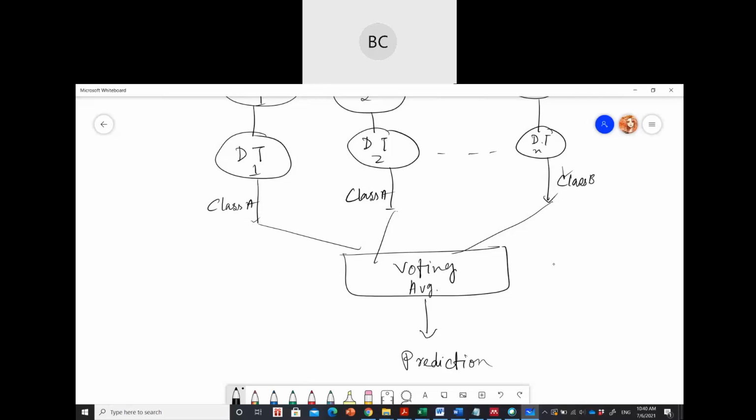If the majority of the decision trees are saying it's class A, then it will decide it's class A. If the majority are saying it's class B, then it will be class B. So it is not going to select the best tree. It is going to take the majority voting.